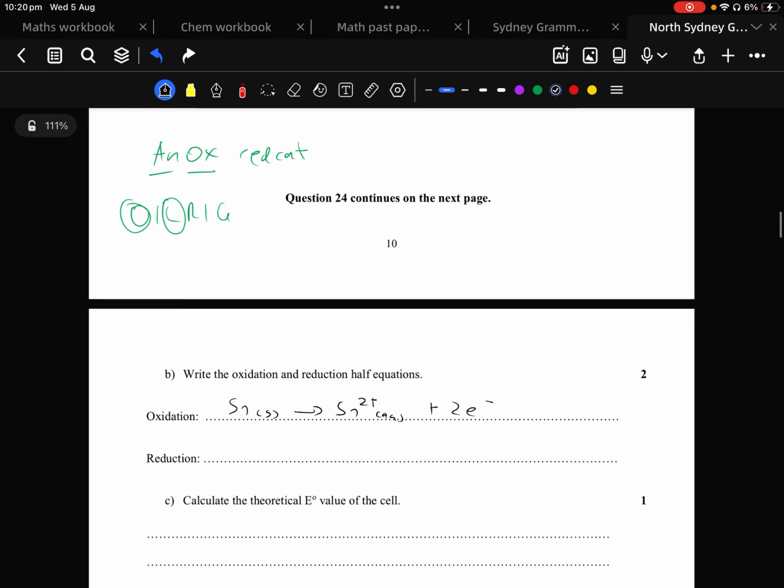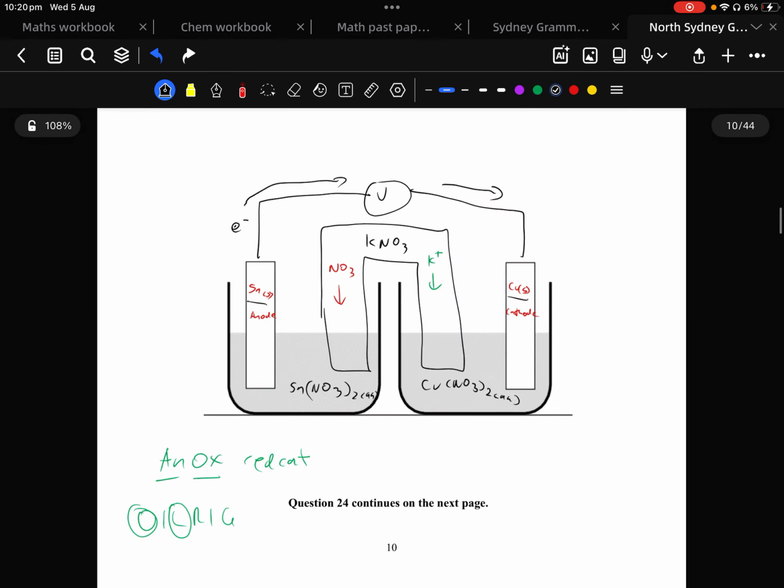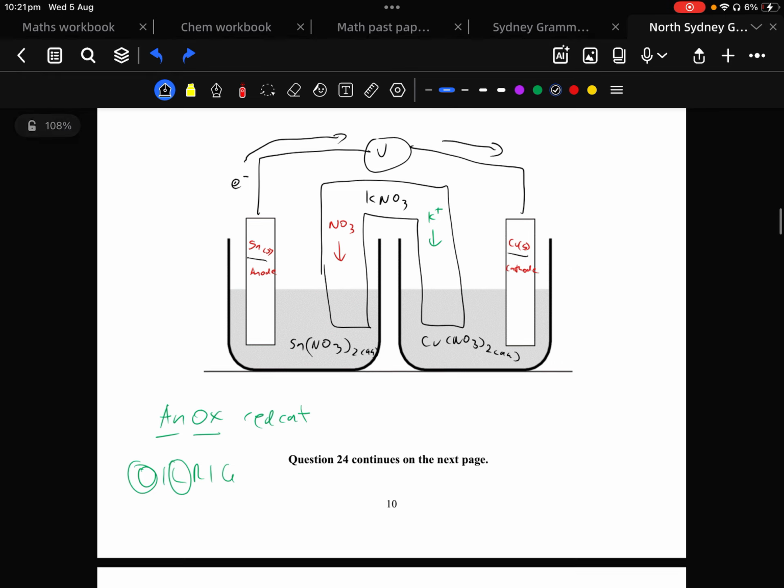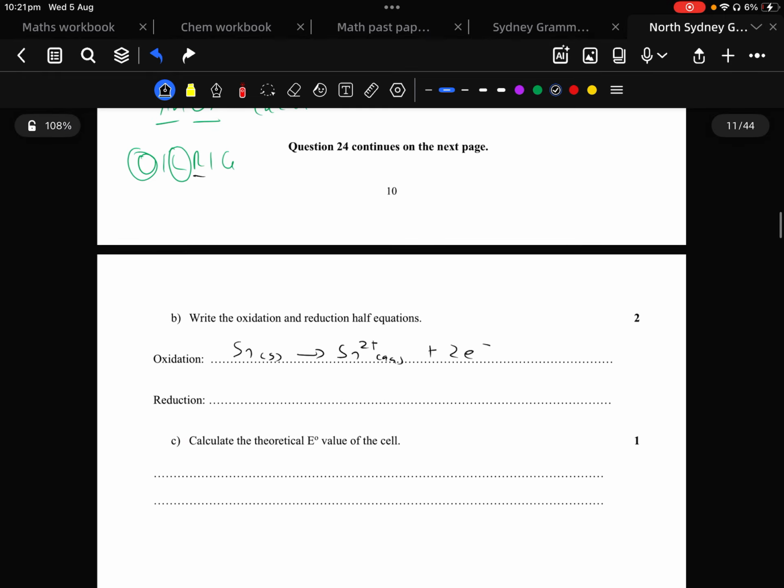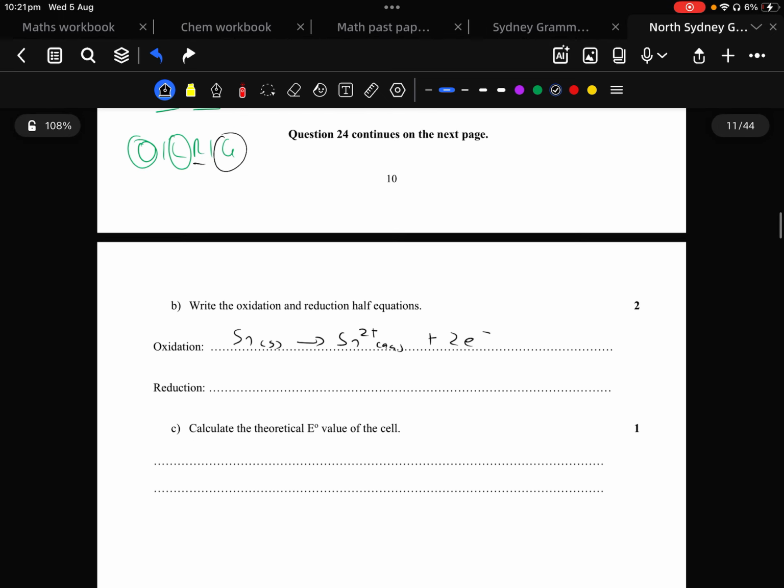We know reduction occurs at the cathode. This is our cathode. And reduction is the gain of electrons. So Cu2+ in the aqueous solution plus 2 electrons creates our copper solid cathode.